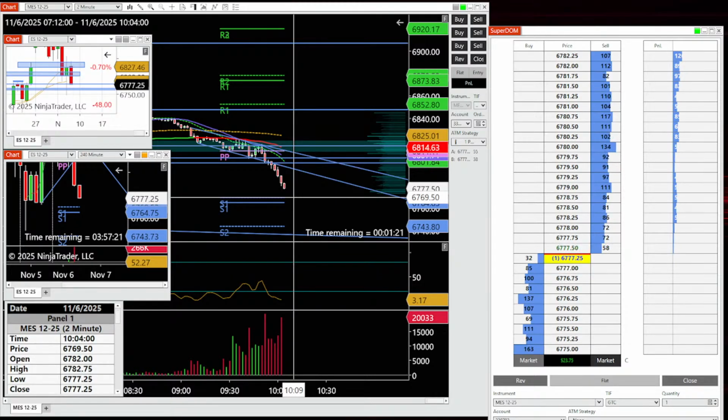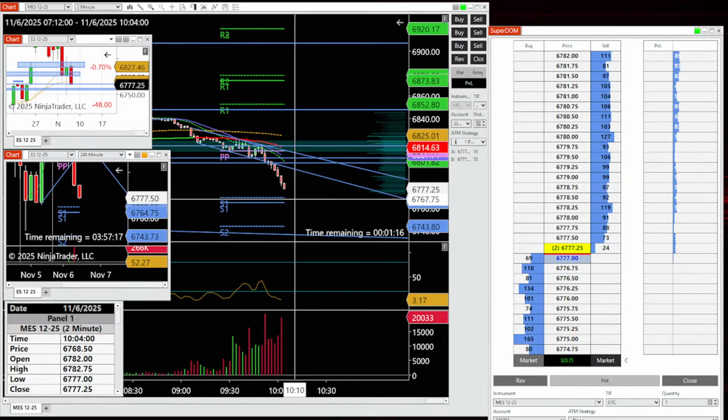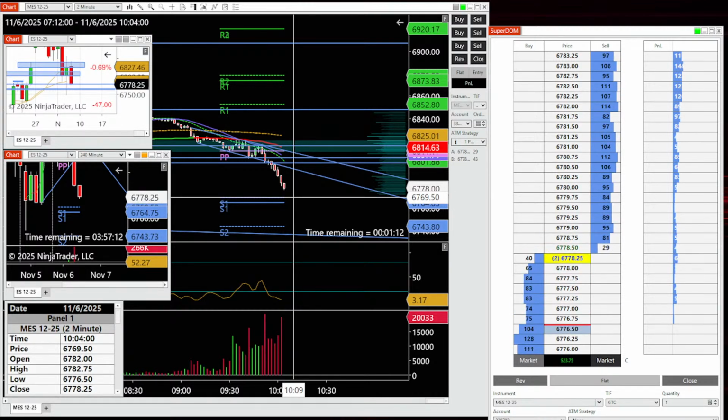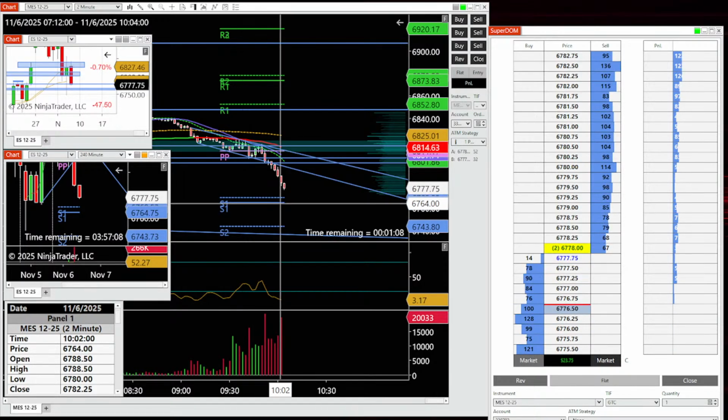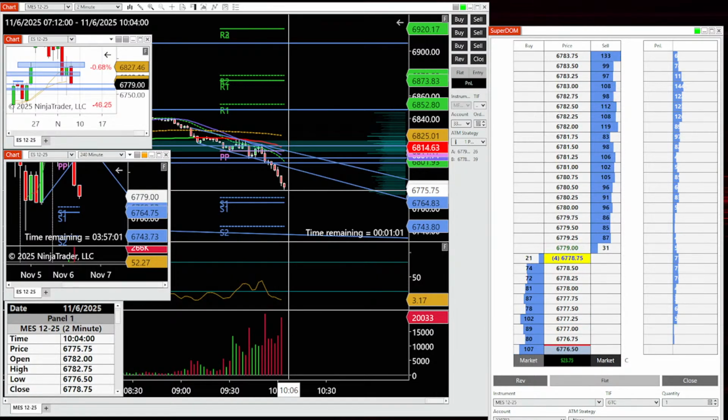And this is a nice 10-point move, but don't go to 70 without me, because I'm not chasing this, and it looks like it's gone. Not chasing it. Want to see a pullback. Yep, and it doesn't look like it's giving any.